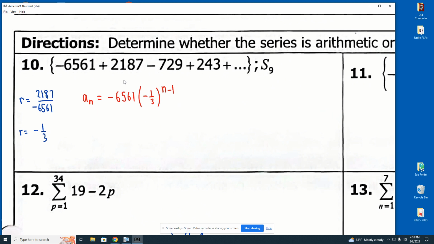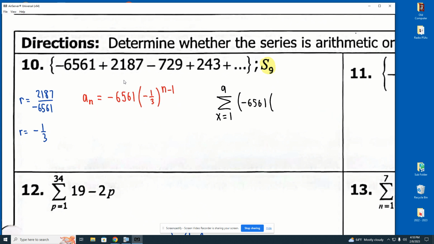Okay, now remember, this section is all about finding the S sub 9, or the series. So we're adding all of these terms up of the sequence through the 9th term. So we talked about yesterday how this is where we use the big E. So you're going to type in alpha window. You're going to do number 2, x from the 1st to the 9th term for that sequence, negative 6561.